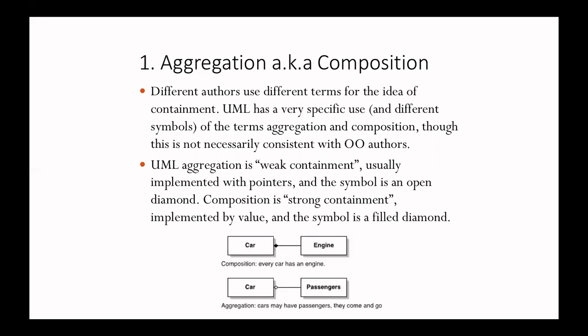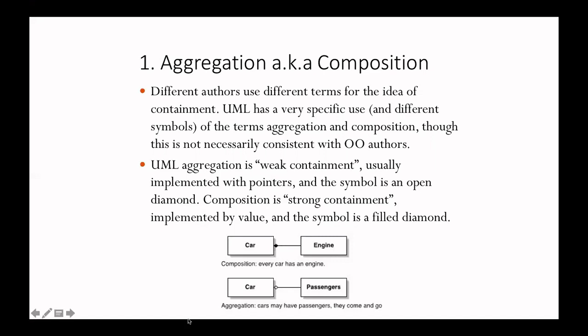UML aggregation is weak containment, usually implemented with pointers, and the symbol is an open diamond. Composition is strong containment implemented by value, and the symbol is a filled diamond.